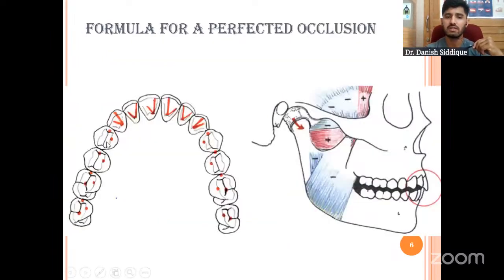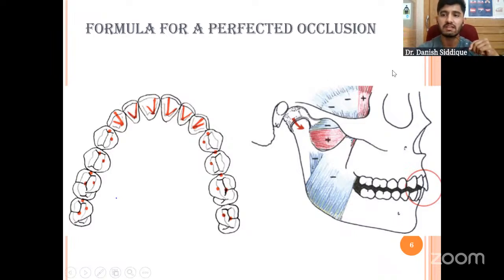As you can see here, the dots present here are the contacts you see during static occlusion. Occlusion is of two forms, and we already know about it. Static occlusion is when the person is just biting or clenching. The lines that you see here are the dynamic occlusion, that is, during movement, as in chewing or mastication.